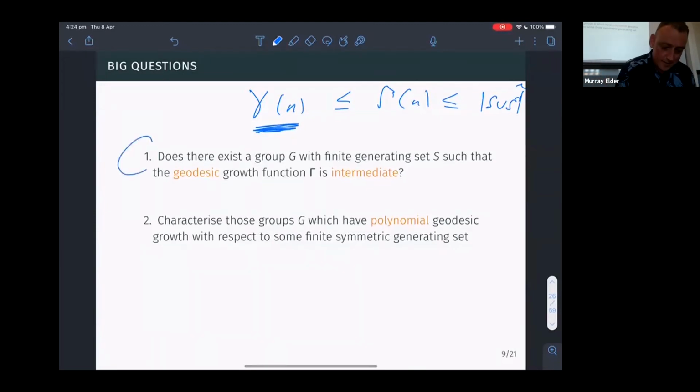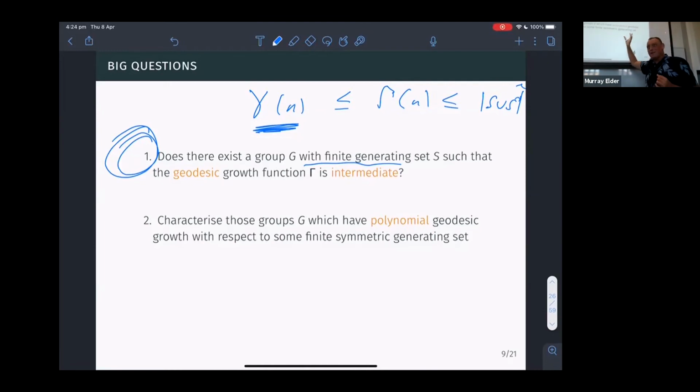So I think this is a beautiful, beautiful question, and I don't know how to answer it, but I want to. And of course, maybe I can mess with the generating set too. I think that's a great question, but I won't dwell on this one too much.